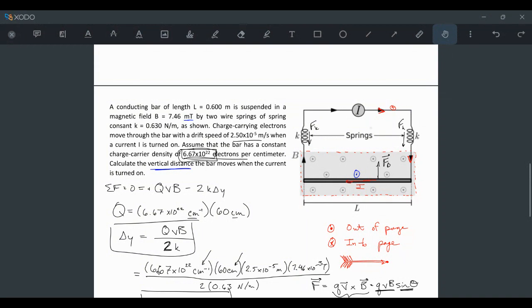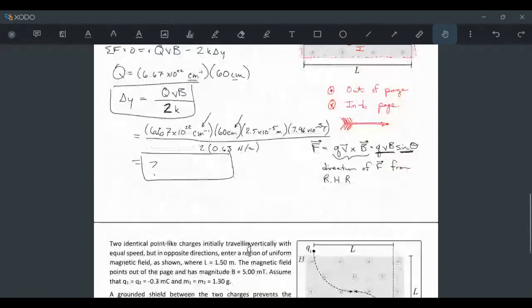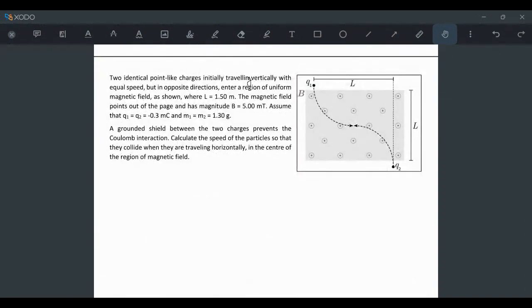The charges weren't really free to move independently in response to that force. But what you find here is they are.